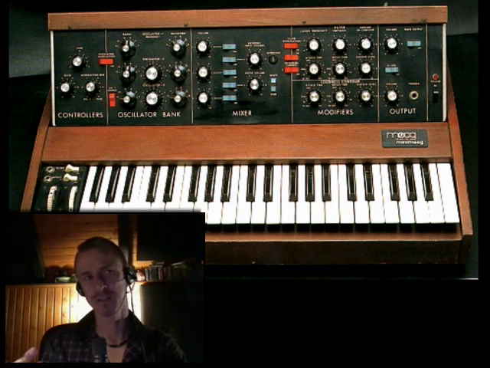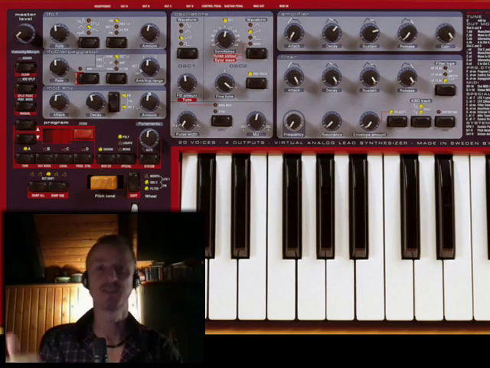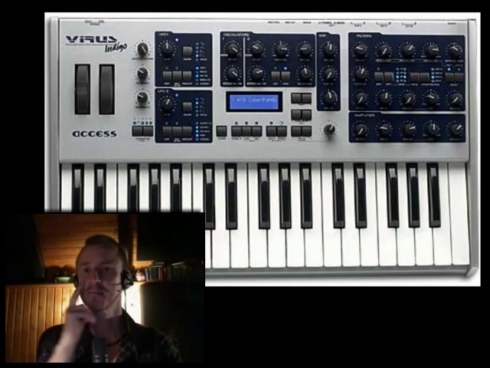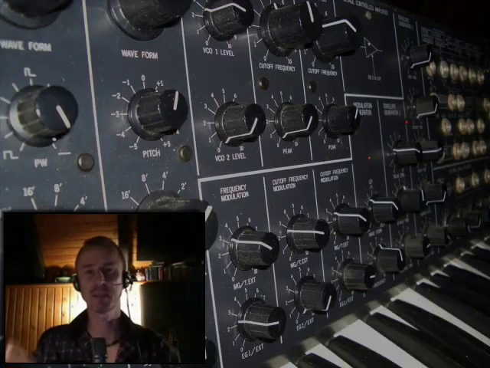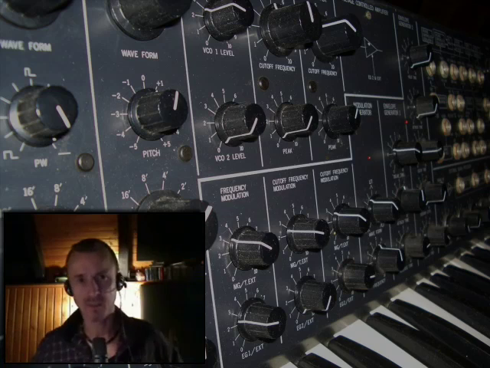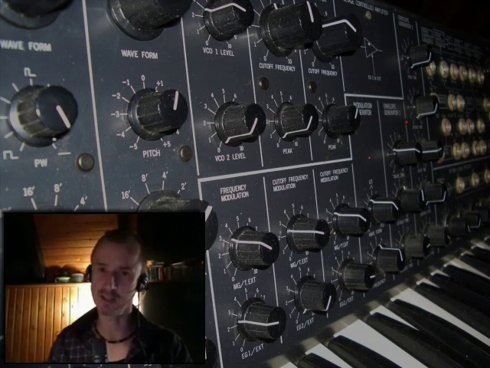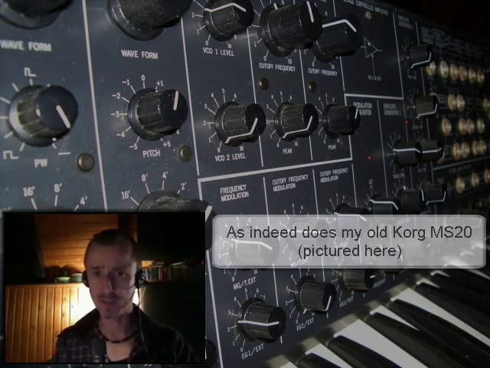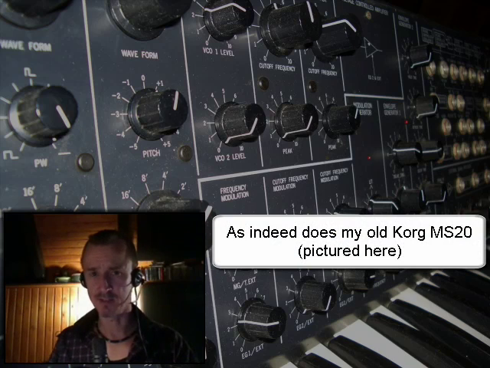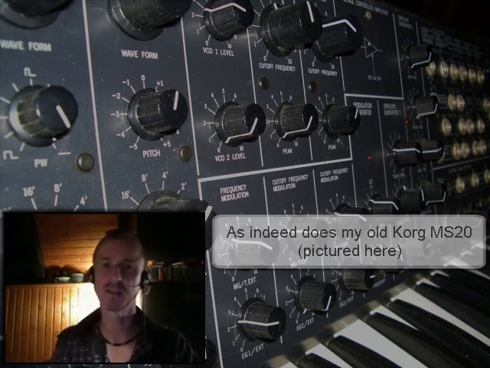For example, the Nord Lead is pretty much that, and the Virus is pretty much that, although with recent software updates they've got a lot more bells and whistles added to them, but that's the basic pattern of them. So your archetypal analog synthesizer, as I see it anyway, has two oscillators, a couple of LFOs, a couple of envelopes, and various modulation destinations.